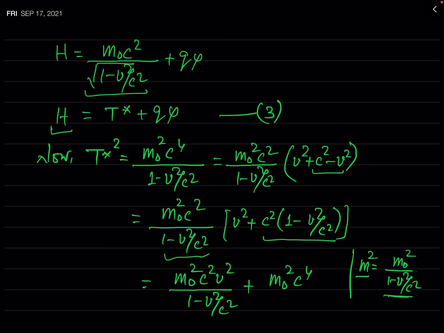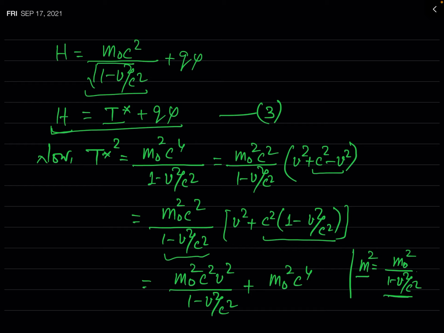Now we have obtained the value of T star in equation 5, and our expression for the Hamiltonian of the particle is T star plus q phi. When you substitute the value of T star in equation 3, you get the relativistic Hamiltonian.